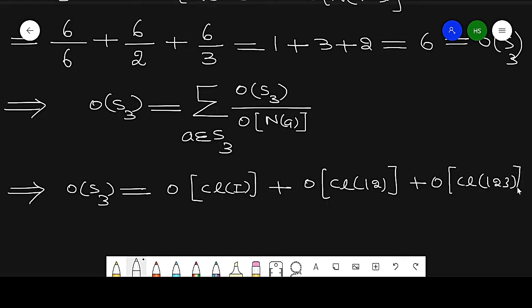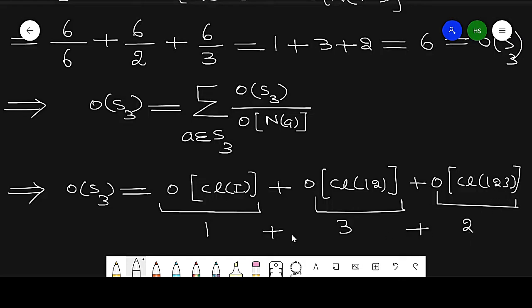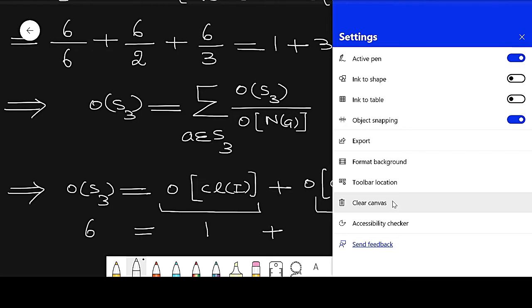Now check that. The order of the class of the identity is 1. The class of (1 2) consists of 3 elements. The class of (1 2 3) consists of 2 elements. So 1 plus 3 plus 2 is 6, and this is equal to 6. So again we can check that the class equation is verified.